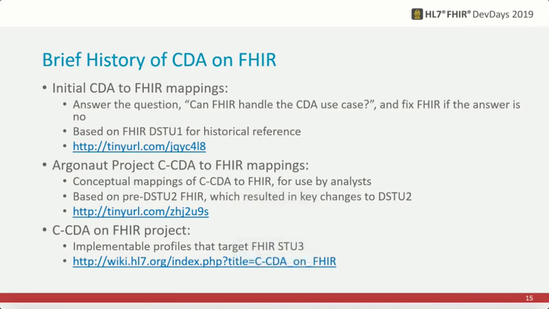Now, since FHIR documents are generic, they're not necessarily clinical documents, there are a lot of things that saw a medium amount of use, maybe under that 20%, that we decided not to make part of the core composition resource for that reason. But in C-CDA on FHIR, we created extensions for them, like the ability to capture who the transcriptionist was, or if there's a performer that's performing a particular service. So these were created as extensions, and that way you can add those to any clinical document that you want.